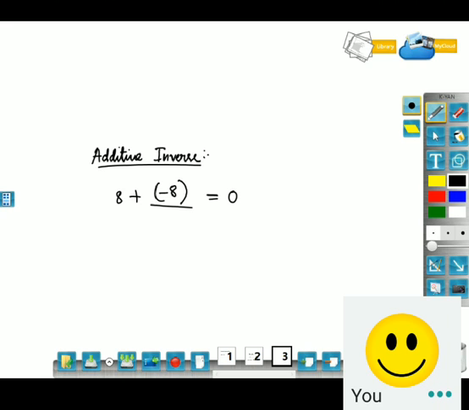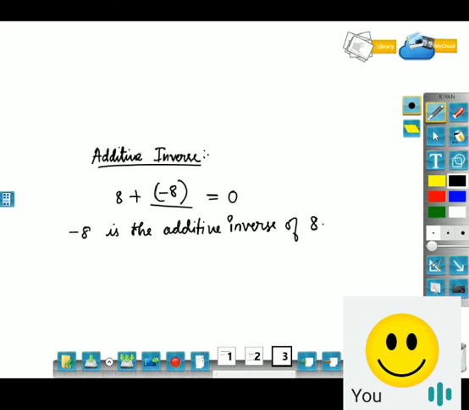So minus 8 is the additive inverse of 8. So that means to a given number, the number we have to add to get 0, we call it the additive inverse.